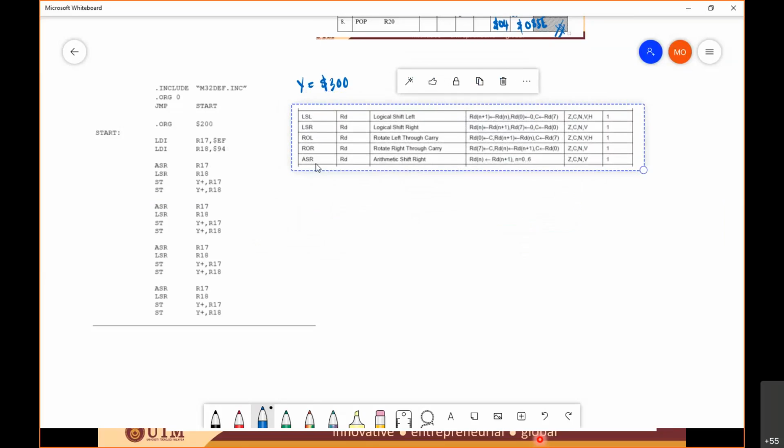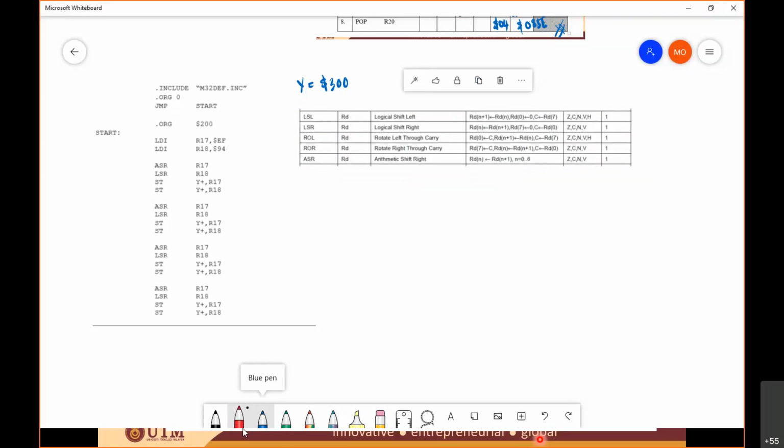As you can see here, for the ASR, from this operation you know what happens after you execute this instruction. It says that Rd(n+1) will go to Rd(n), for n equal to 0 to 6. So you draw first your bits, this is bit 0 and this is bit 7.